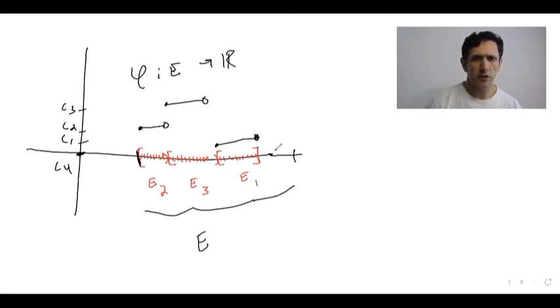And if the simple function is just 0 here, that's okay. No problem there. Let's say it's open, closed here. Then this would just be E4. So no issue with any of the C's being 0. Okay. All right, enough of that.